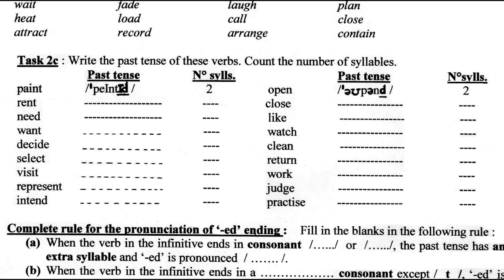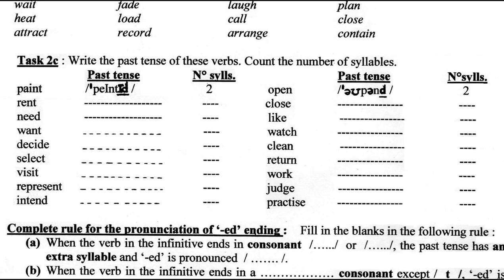Next verb is the verb intend. When it is in the past, it becomes intended. Short E, ne, te, e, ne, de. Short E, de. How many syllables? 3 syllables. Intended. So this is the first list.